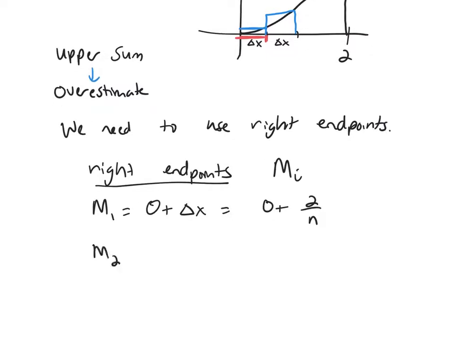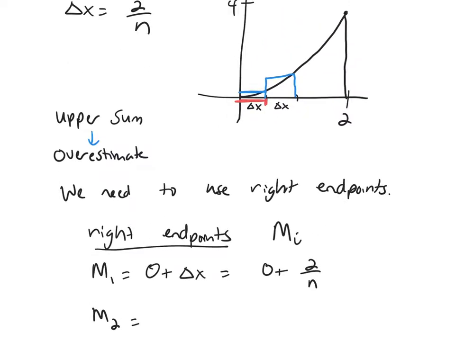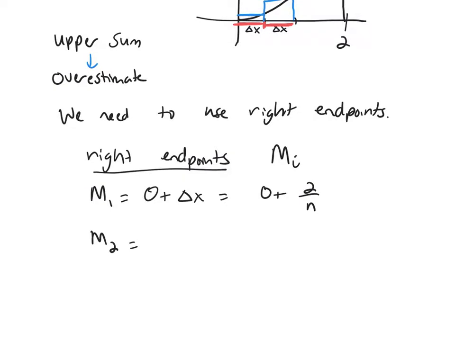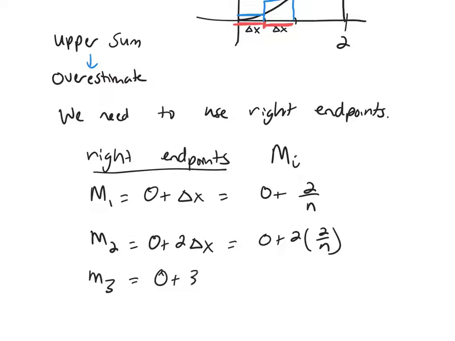What's M2 going to be? Well, to get my second right endpoint, I go delta x out, and I go another delta x out. So it'll be 0 plus 2 delta x. So 0 plus 2 times 2 over n. If you did M3, it would be 0 plus 3 delta x. So 0 plus 3 times 2 over n.